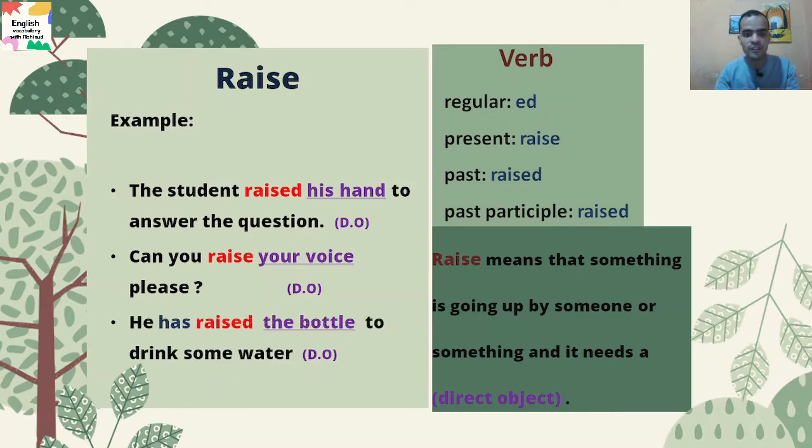And the last one says, he has raised the bottle to drink some water. I put here has raised because I would like to show you the past participle. The past participle must go with the perfect tense, and the perfect tense is used with the auxiliary to have. In this case we have the present perfect. We talked about the present perfect in the previous session.